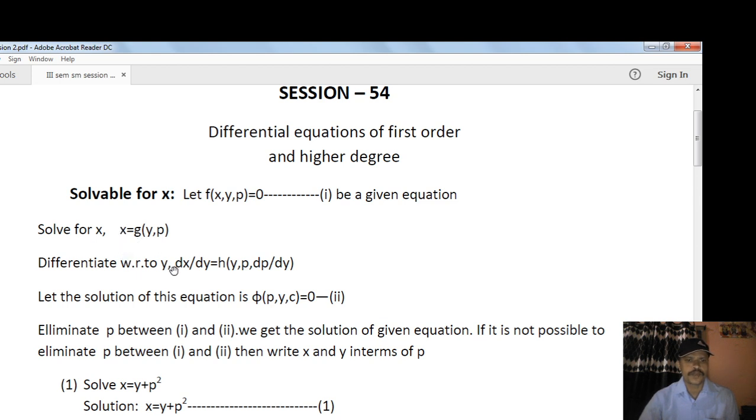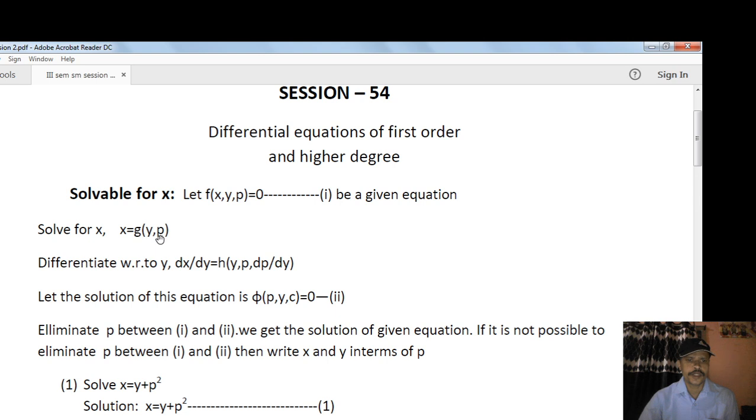The derivative of x with respect to y is dx by dy, and please observe the right hand side terms. If the function contains y square, the derivative of y square with respect to y is 2y. That means the RHS term may contain y.